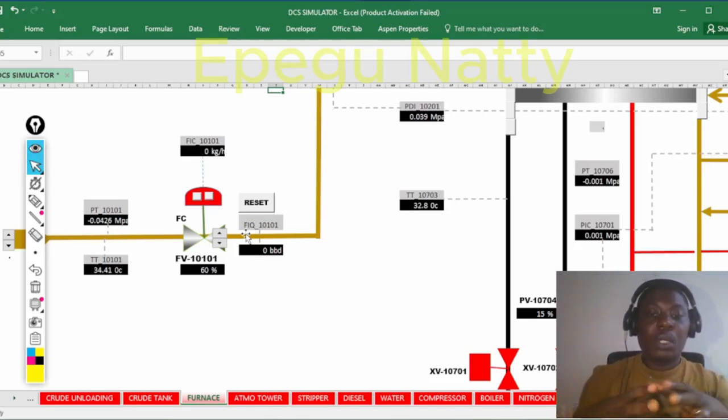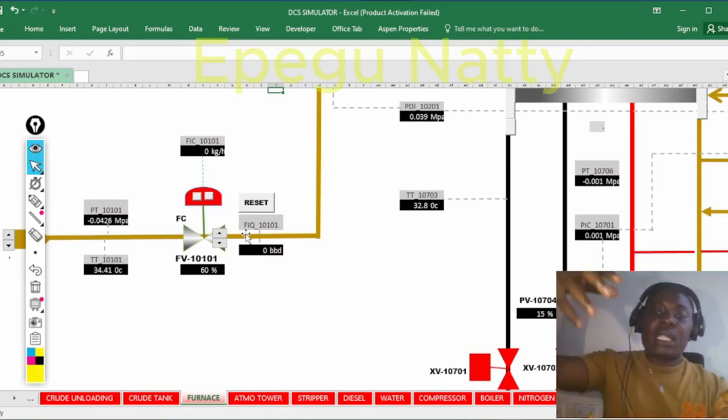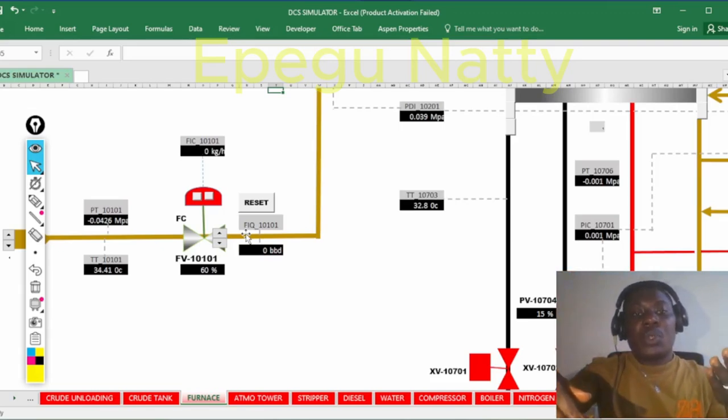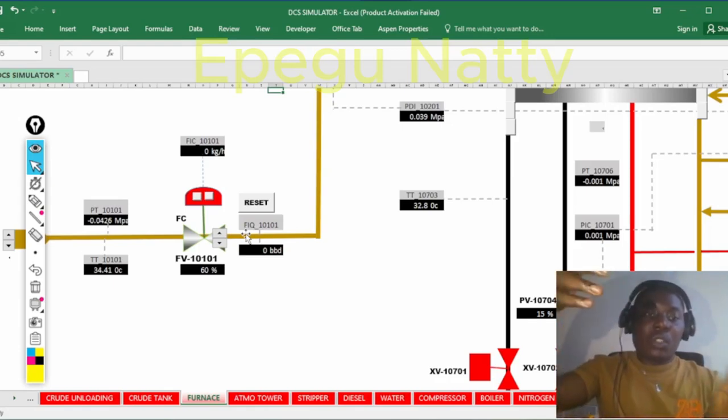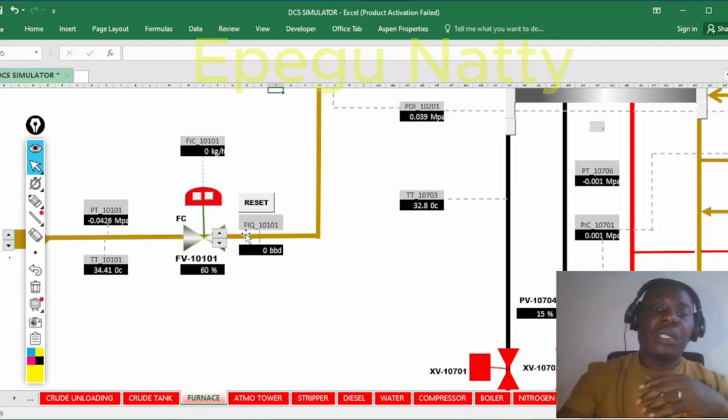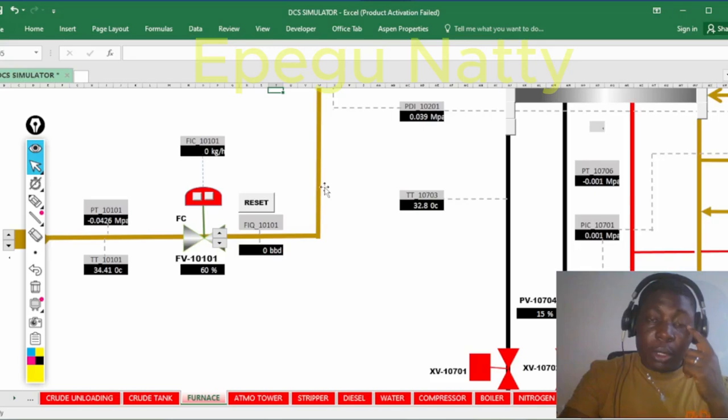But there was no trip on that particular pump, so the pump was running continuously while the temperature was increasing. So any restriction on the line is going to increase the temperature on that line, and vice versa. When there's no restriction, the temperature will drop. When there's a restriction, the temperature will build up and increase. So that's that about temperature.